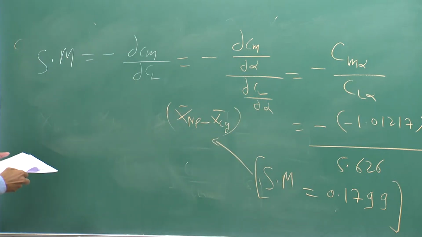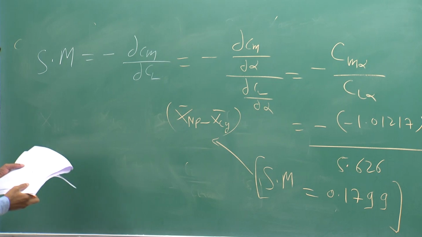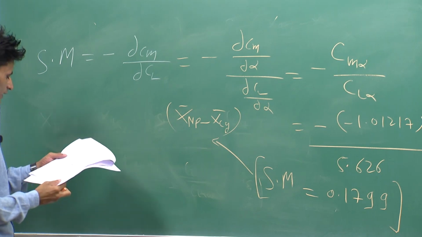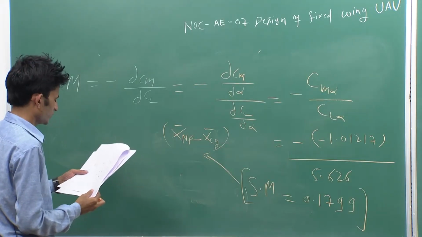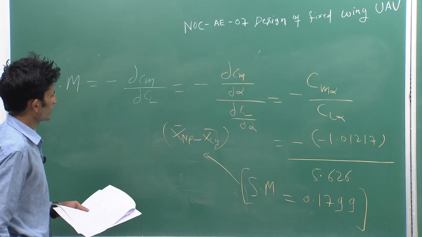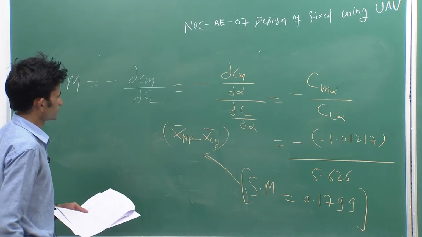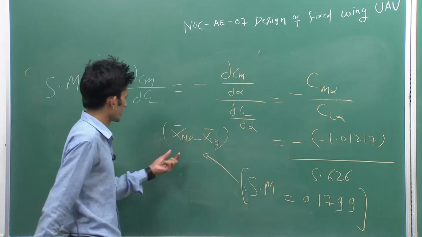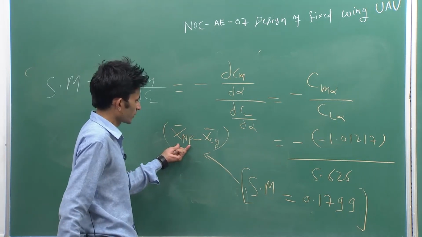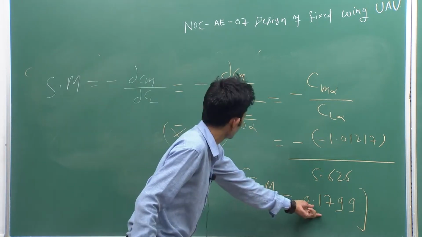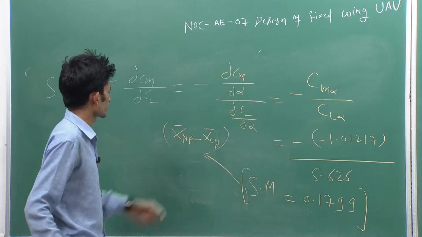Okay, so this is the answer of the third question. In the fourth question you have to find the location of center of gravity. You have found out the position of neutral point, and you have the static margin, so use this relation and you will find the xCG.